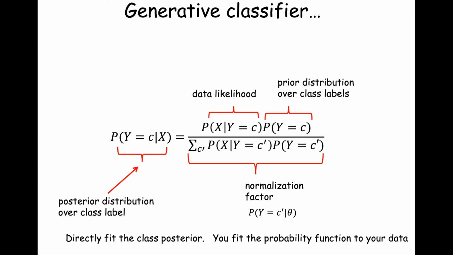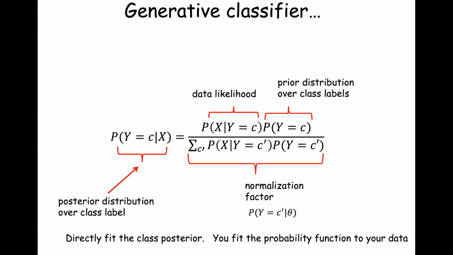And if we can get that joint distribution, we can use conditional probability, the sum rule and the product rule, and come up with an expression that we call Bayes' rule. In particular, if we can form the posterior distribution of the class label, we can define that as the product of the data likelihood and the prior distribution over class labels divided by the normalization factor.